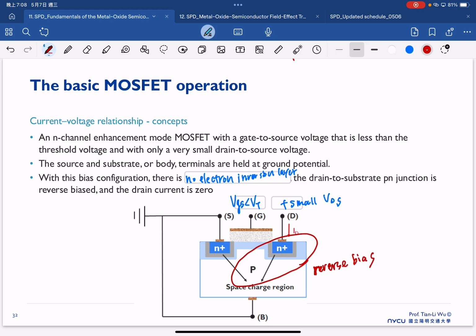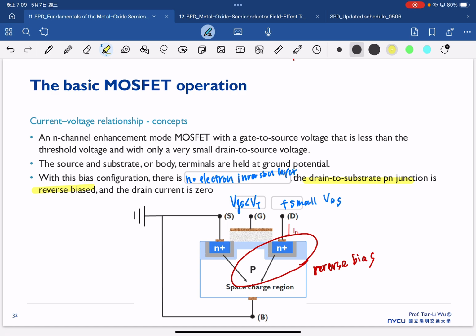So this small VDS will create the reverse bias of this drain to substrate PN junction. With a basic understanding of the reverse bias, once we have reverse bias, the depletion region is slightly larger than at zero bias.